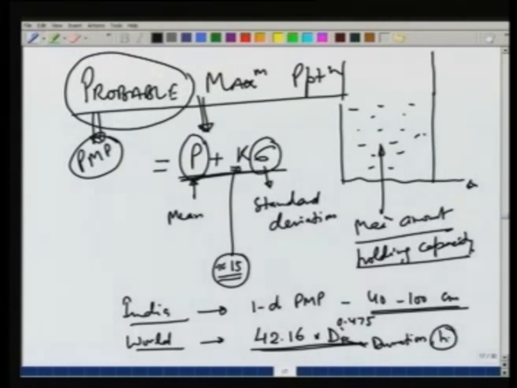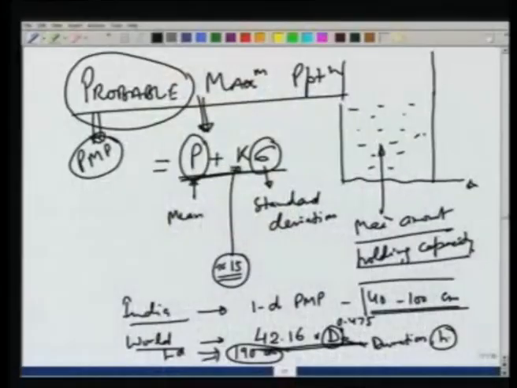If this is 1 day, then D would be 24, and the value which comes out for 1 day is about 190 centimeters. So, from the data from all over the world, the maximum probable maximum precipitation for one day is expected to be about 190 centimeters. For Indian conditions, 40 to 100 centimeters is the value which is typically used.